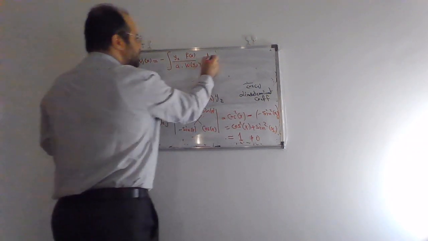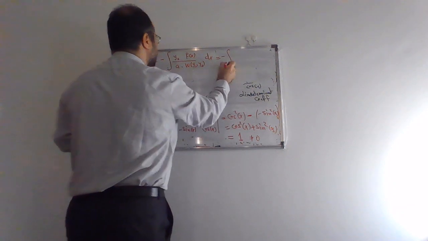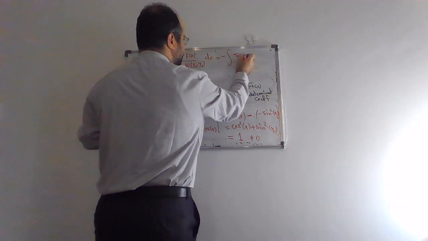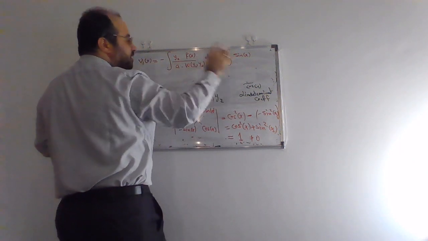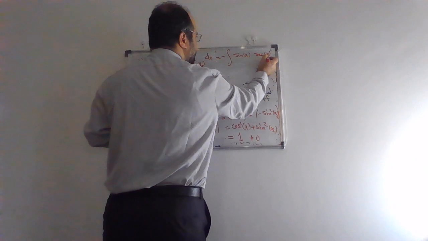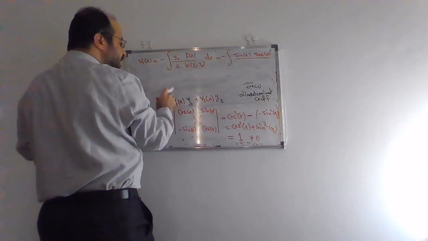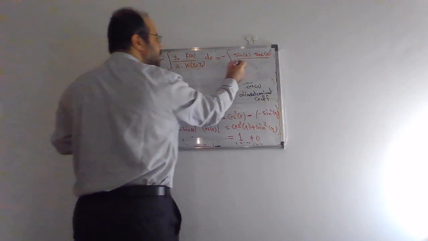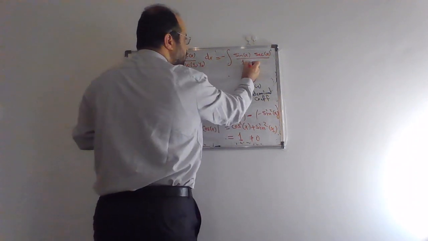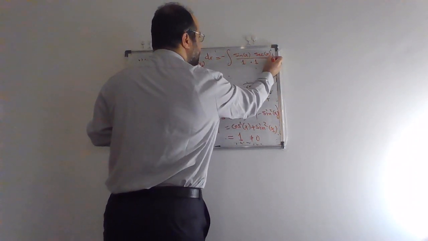Let me write this here. You're going to have minus. What is y2? Y2 is sine x. What is f of x? It is the right hand side of the equation, secant x. And what is a? A is the coefficient of y double prime. It was 1 in our case. And the Wronskian is also 1. And here is dx.